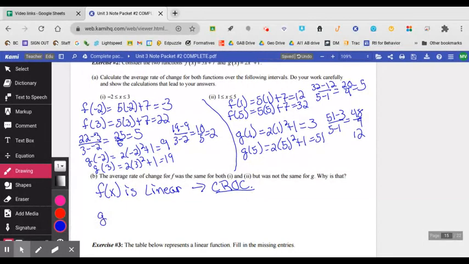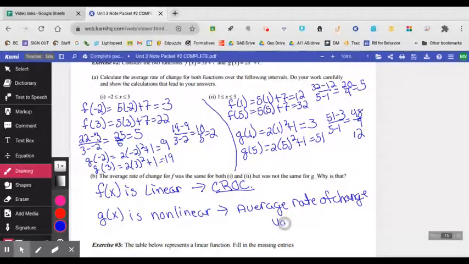G of x is not linear, is nonlinear. Therefore, the average rate of change will change. It varies depending on the interval, the domain interval.